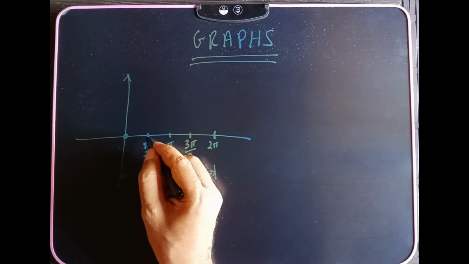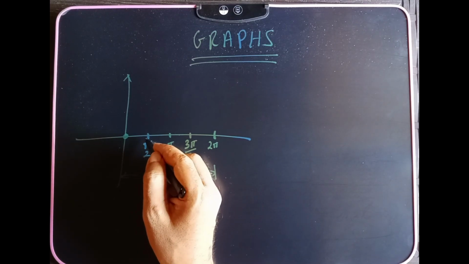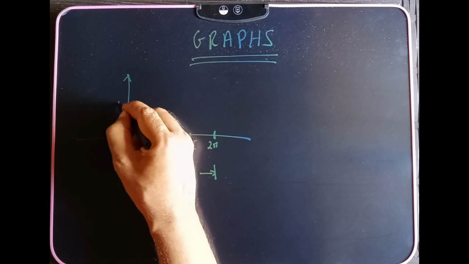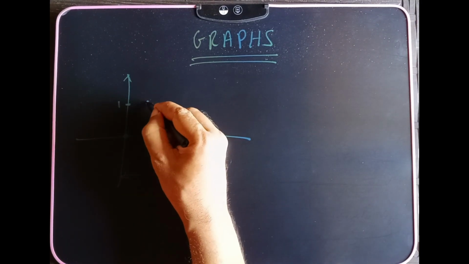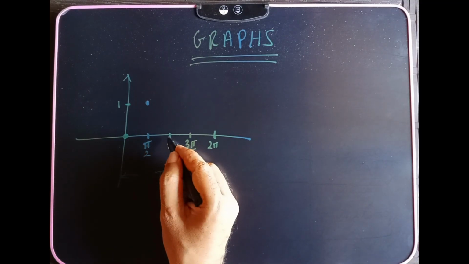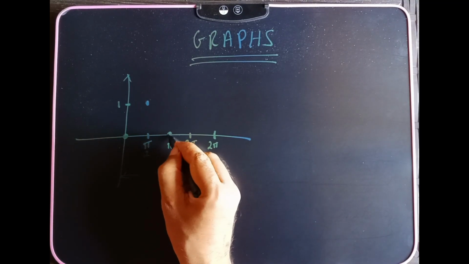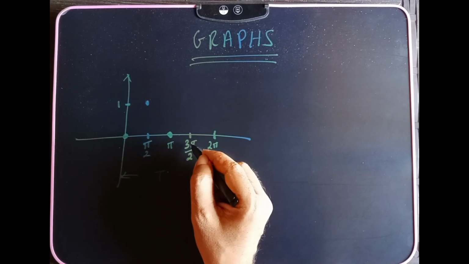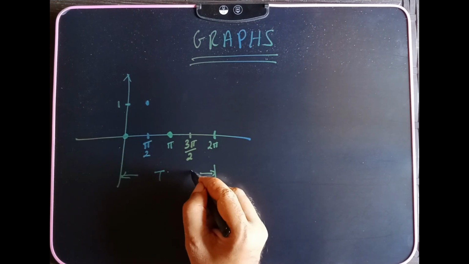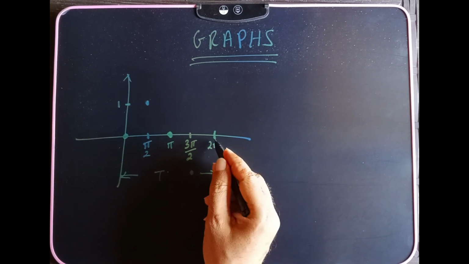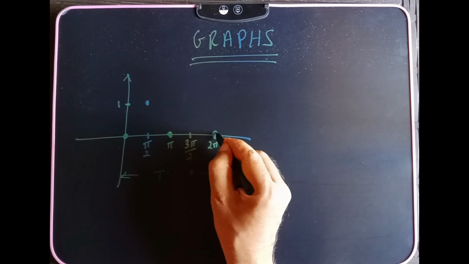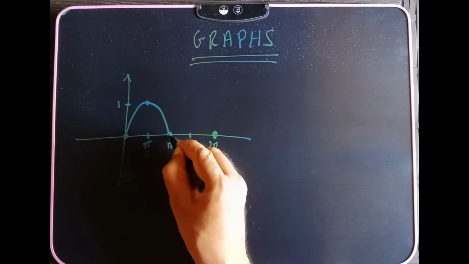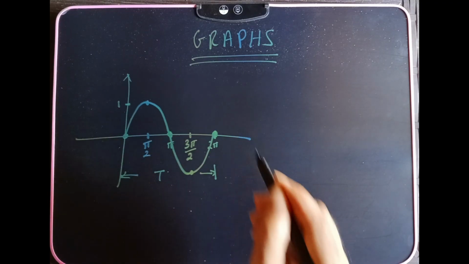Now if I take this as 1, sine of 90 is here, 1. Sine of 180 is 0. Sine of 3 pi by 2 is minus 1, so it will be here, and 2 pi will be 0, it's going to be here. So this is the sine graph.